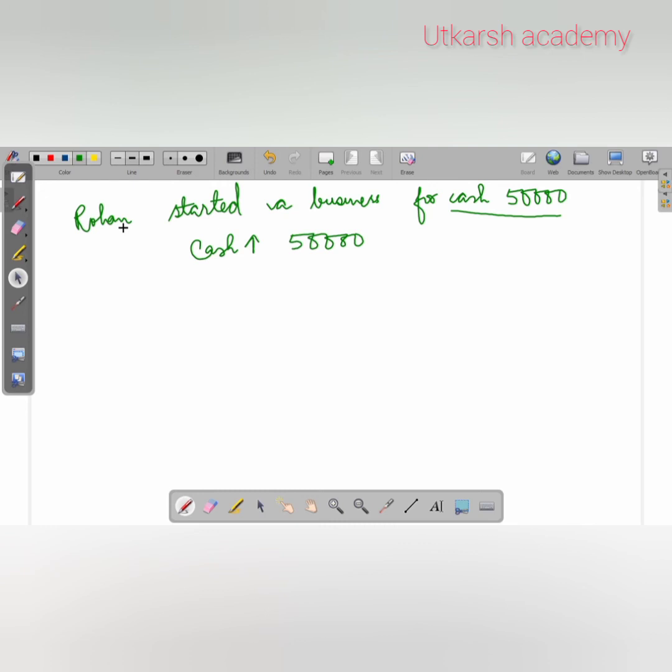So what will be the capital here? Capital will also be 50,000. So capital is also increasing. Okay. So this cash is asset. First make it clear from the 5 mnemonics which of the mnemonic work here.